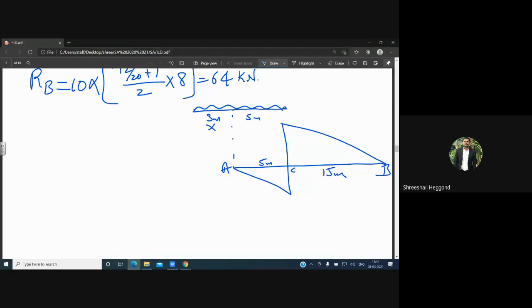Okay, this is why you can write y1, y2. Y2 we will calculate later. First we will be calculating the shear force for the negative side or downward side. That is the maximum shear force.